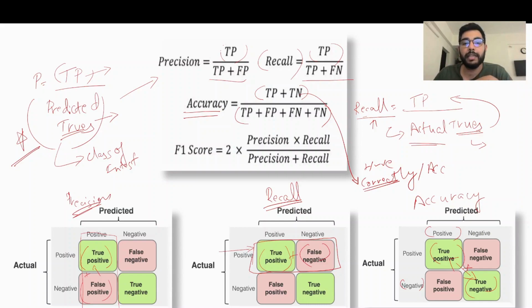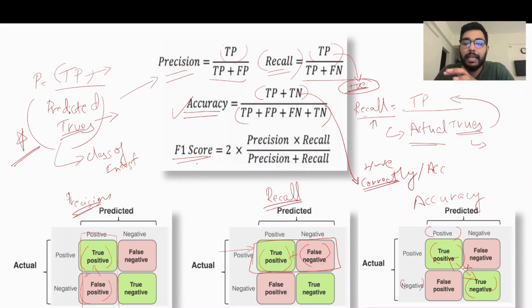Divided by the whole population gives us the accuracy. Whereas in precision and recall, in the numerator we were only focusing on the accuracy of the positive class. But in accuracy, we are focusing on the correctness of both the positive and the negative class.